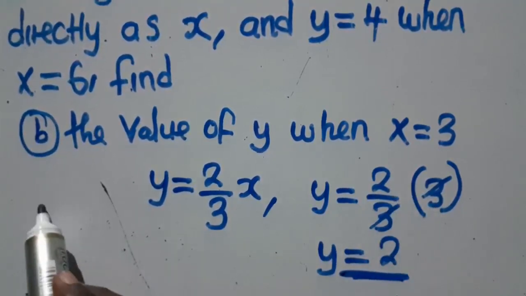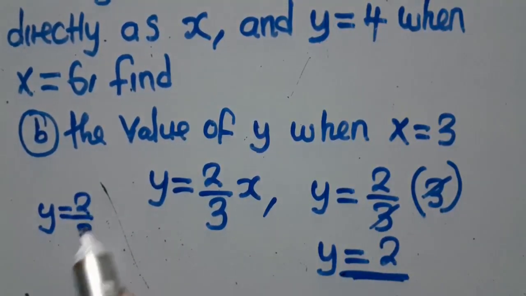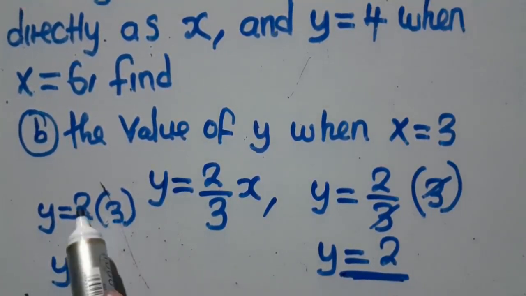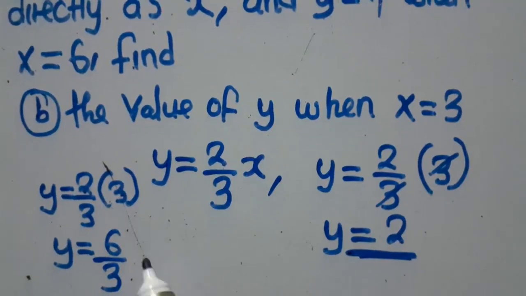Or you can answer it in this way. You've got y is equal to 2 over 3 multiplied by 3. It is the 2 that gets multiplied. 2 times 3 is 6 over 3. Then 6 divided by 3, you get 2. It is one and the same, so you can use either method.